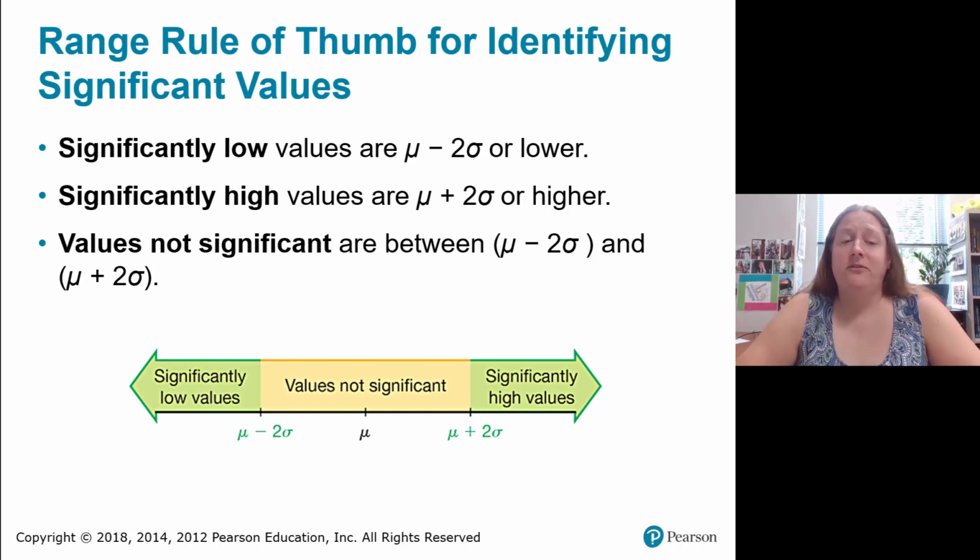So if a value is lower than the mean minus 2 standard deviations, or higher than the mean plus 2 standard deviations, then we can consider it to be significantly different than the mean. And if it's between the mean minus 2 standard deviations and the mean plus 2 standard deviations, then it's not significantly different than the mean.